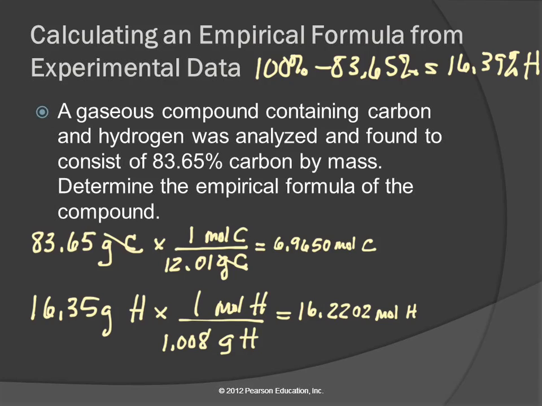Now, we can't just round those and say it's a ratio of 7 to 16, because it isn't. So what we're going to do is take the number that is the smallest, and divide each of them by the smallest. So I'm going to divide this by 6.9650, and that gives me 1.